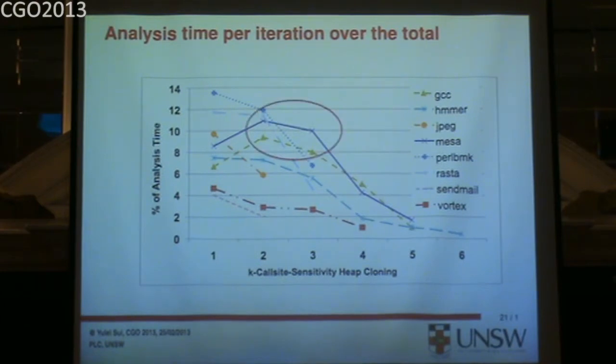There are some special cases, like MISA and Perl. They are quite heap-intensive programs and require a relatively higher percentage of total analysis time during the following iterations. However, it still remains in a reasonable range.